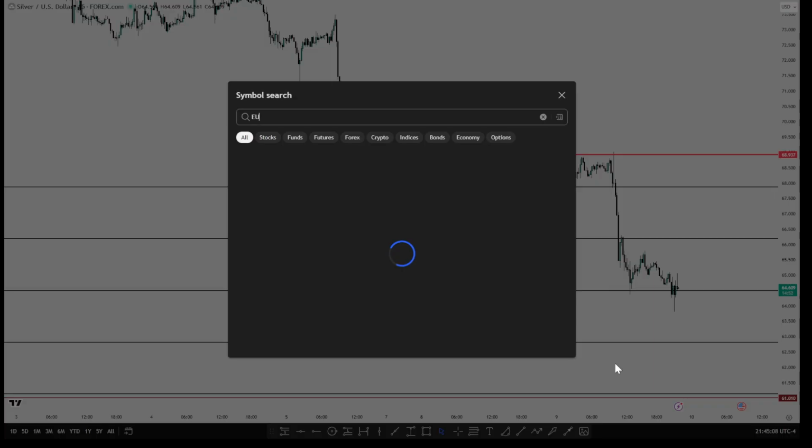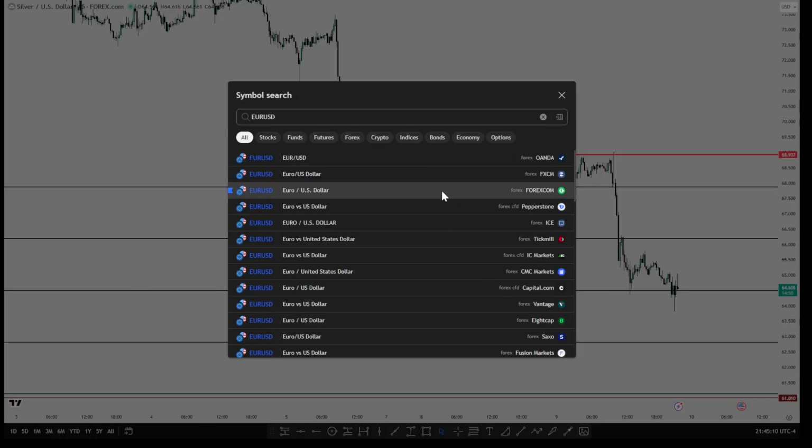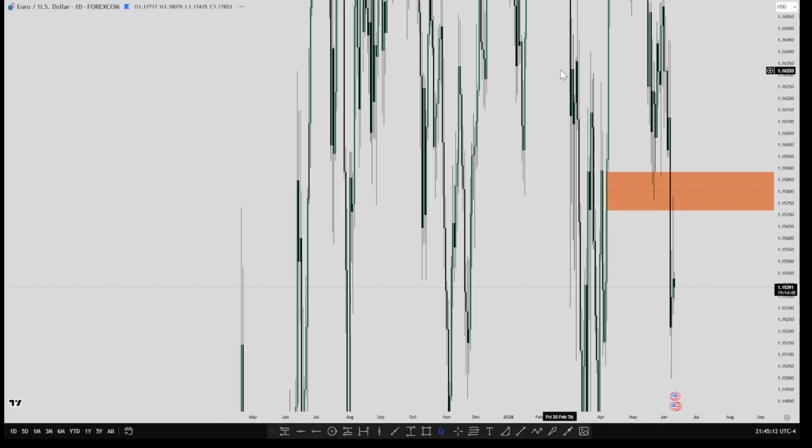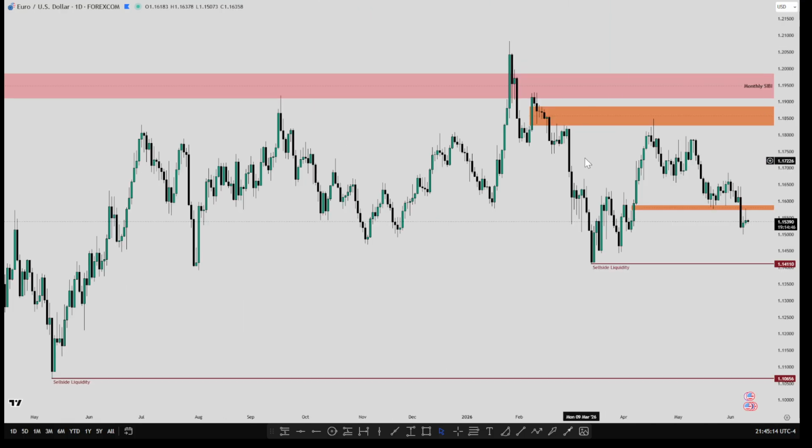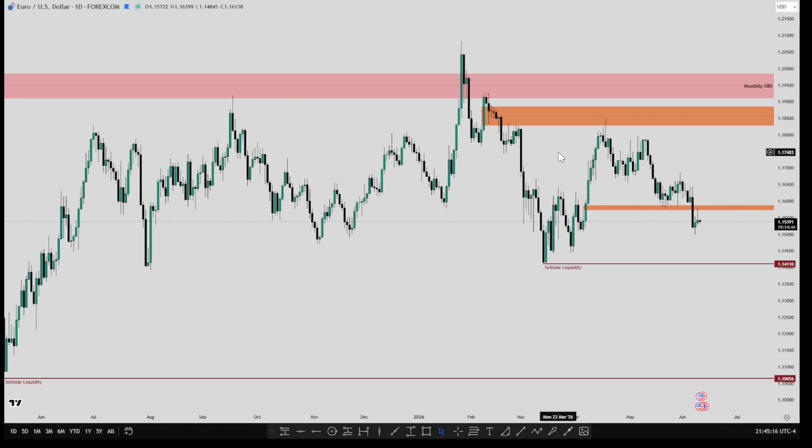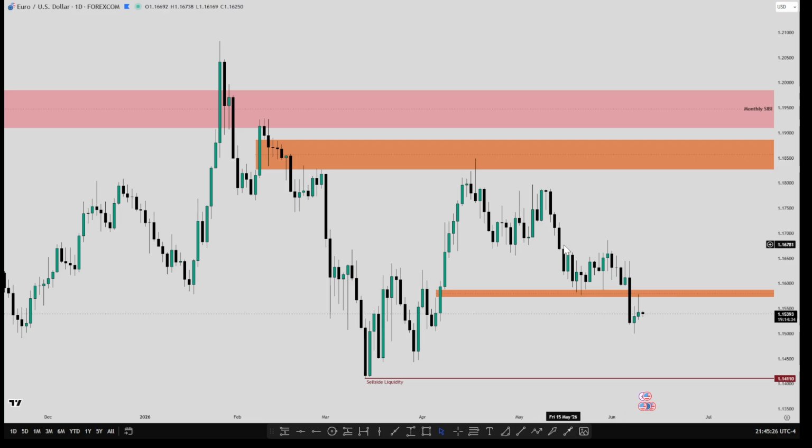Dropping into Euro USD. I'm using forex.com. I think the majority of people use forex.com. This is Euro USD daily, right? We have monthly CB, check your own time frames, taps into that monthly CB. We have this inversion, nails it right there, breaks down, inefficiency here, nails it, and now we have this inverse BISI.